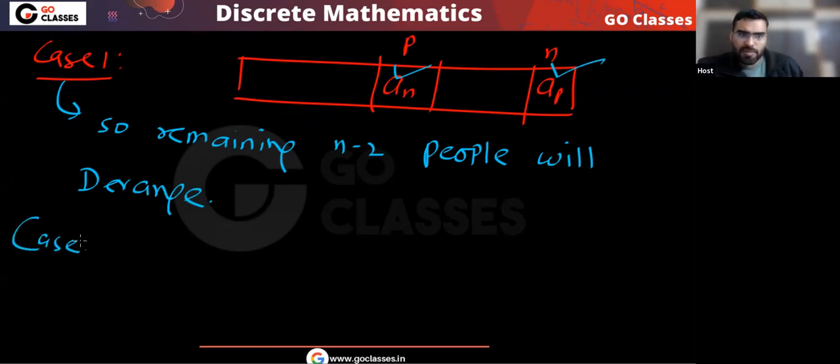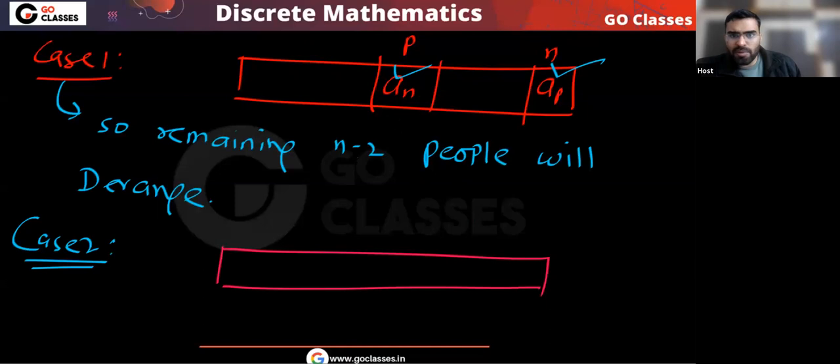And in case 2, what is happening? In case 2, I am saying that, okay, forget about AN. In this situation, A1 is there, A2 is there. This is the house of A1, for example 1, 2.